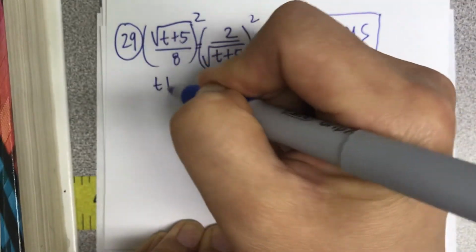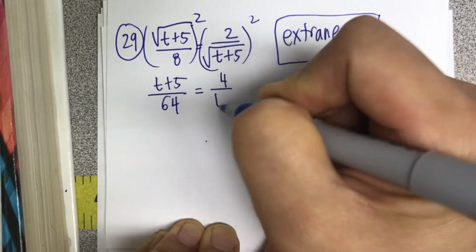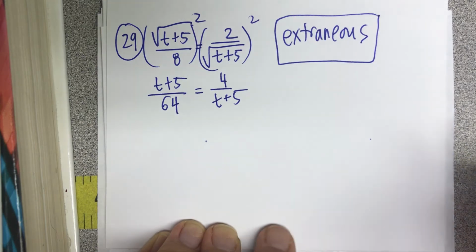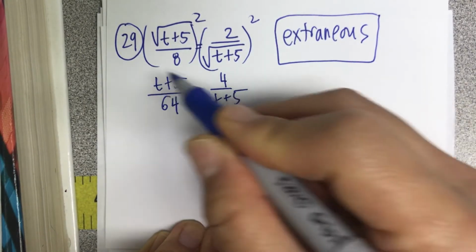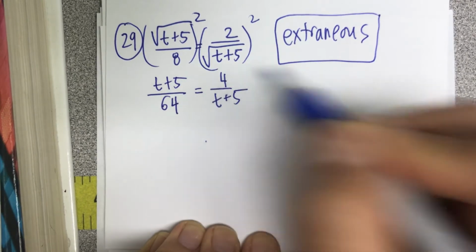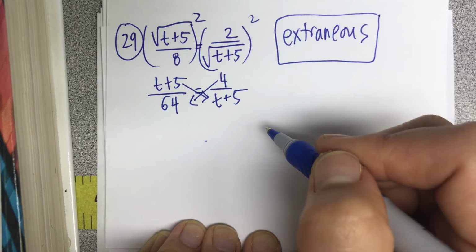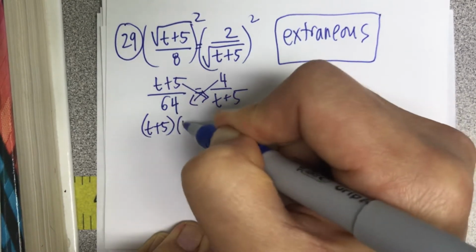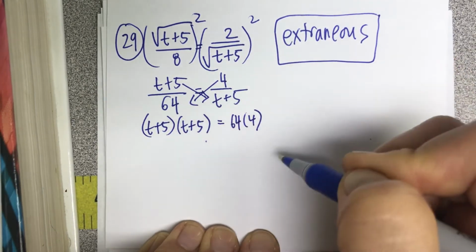Okay, that's going to make a regular t + 5. It's going to be 64 on the bottom. It's going to be 4 over t + 5. Okay, so now remember we can't cancel this out because there's an equal sign. If this were a multiplication sign, we could cancel the t's out, but this is an equal sign. So what do we have to do to find t? Cross multiply. Okay, so (t + 5) times (t + 5) is going to equal 64 times 4.